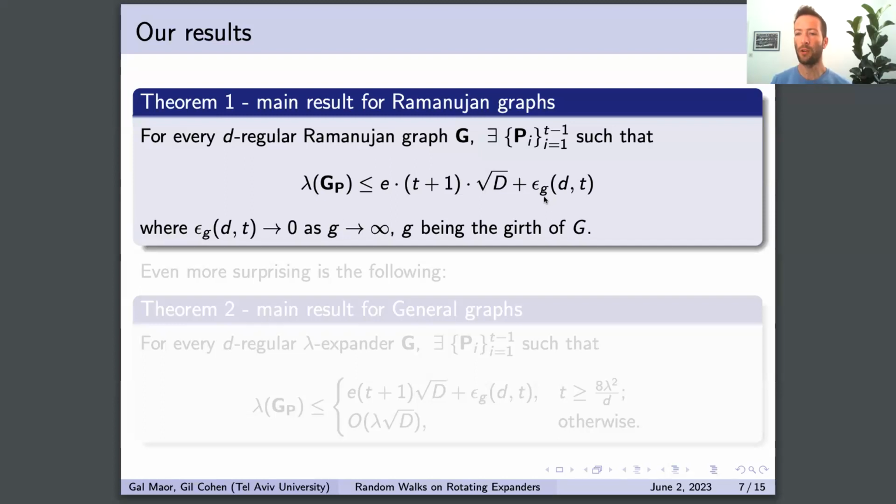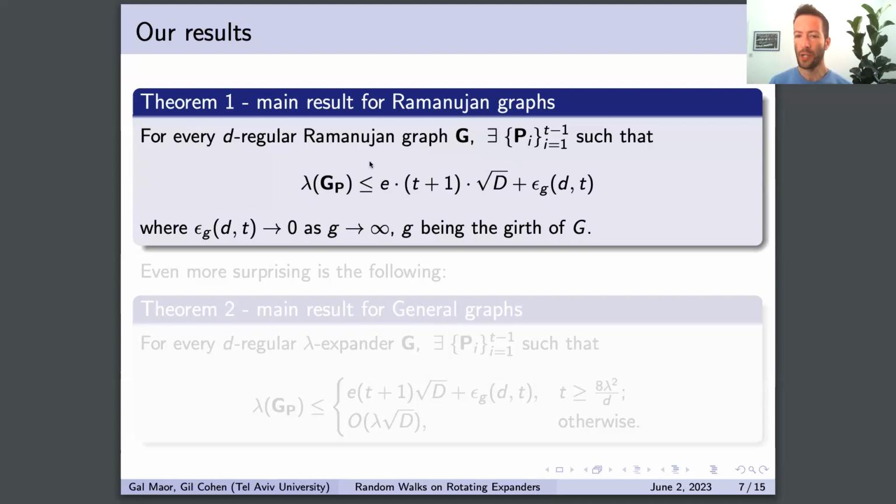And it is actually dominated by a term of 2 to the minus g, meaning that if I start with a high girth Ramanujan graph, for example, the Lubotsky-Phillips-Sarnak Ramanujan graphs, which we know have girth logarithmic in the size of the graph, this term easily becomes negligible in comparison to the main bound.